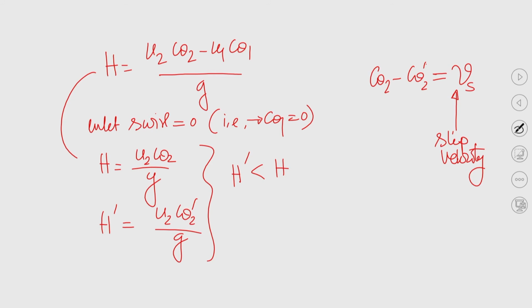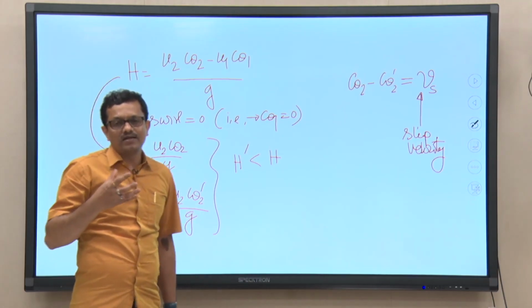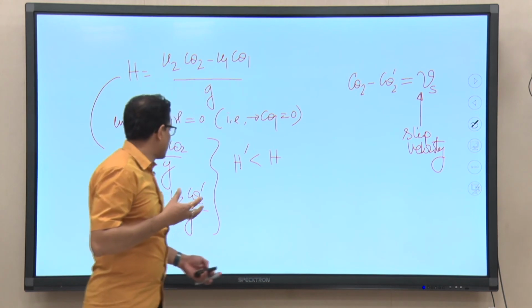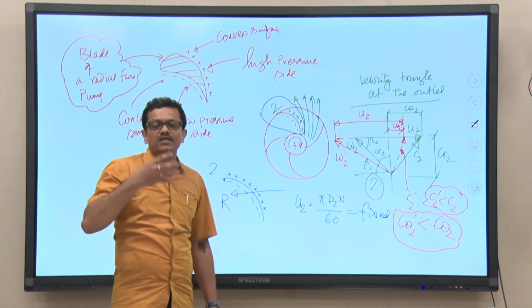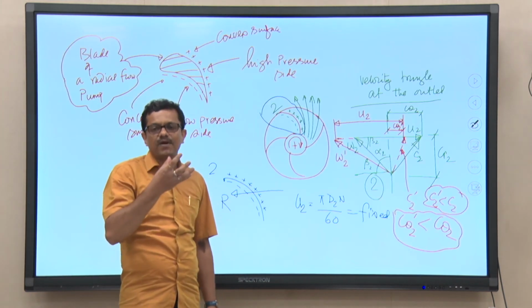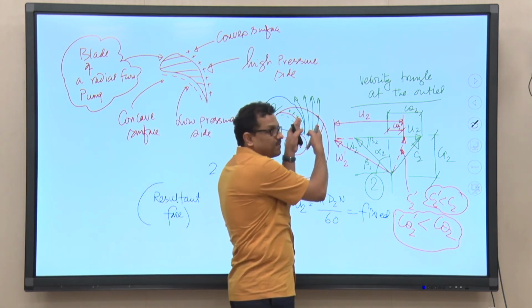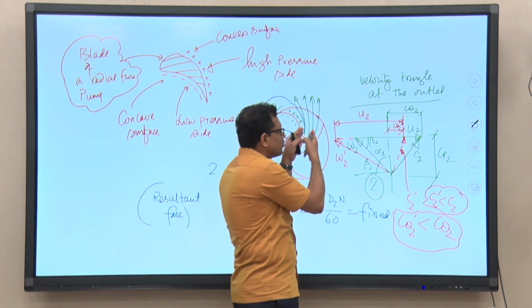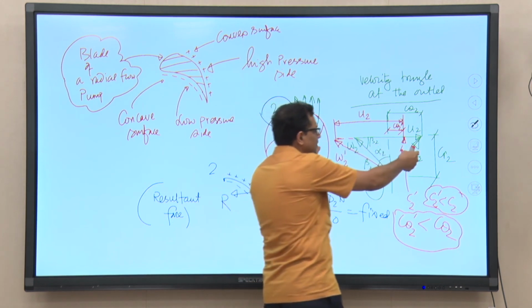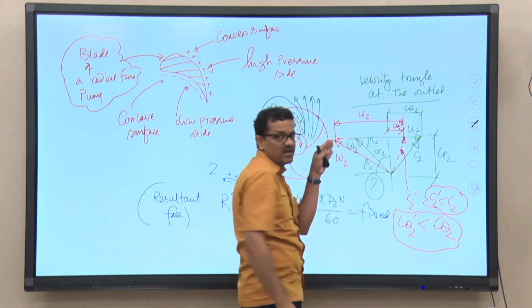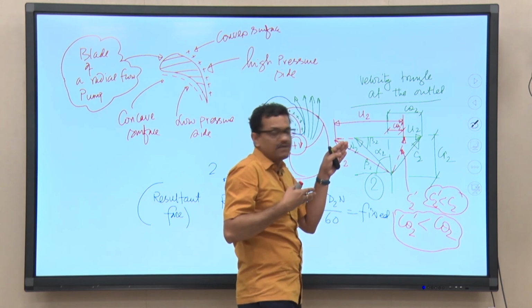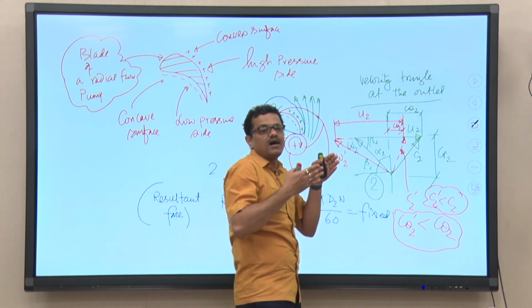Okay. So, basically the resultant component of the force R is responsible for the slip of the liquid that is there in the passage of the pump impeller. So, liquid is supposed to leave with a velocity C2 from the pump impeller, but because of this resultant force, it is slipping, as if a slip is there.